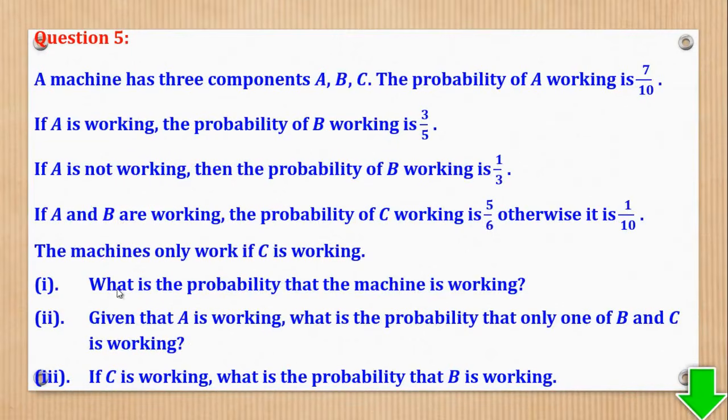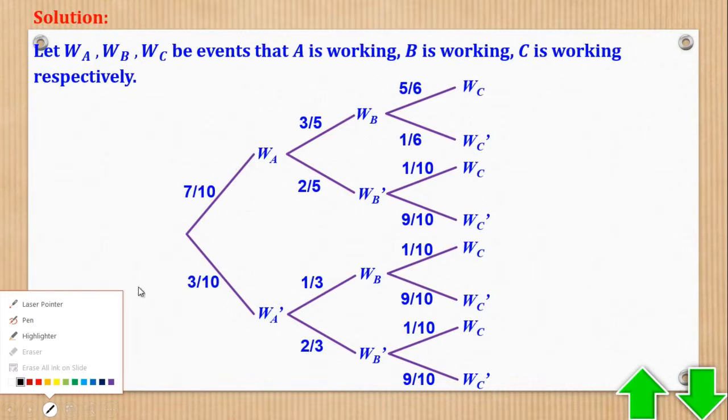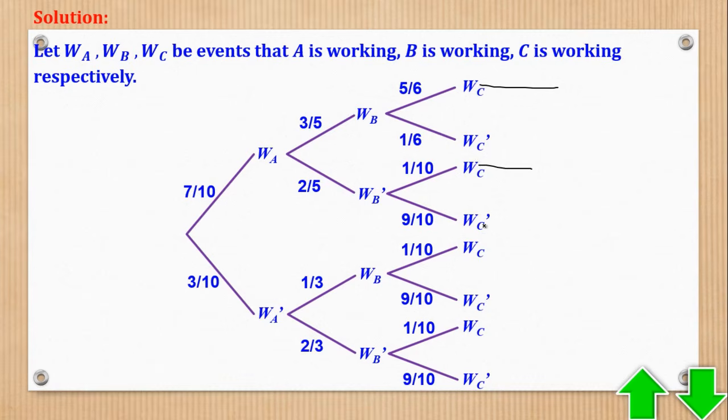So part A said, what is the probability that the machine is working? So working means that C has to work. So for C working, we have this, we have this, we have this, we have this. So we shall get all those.